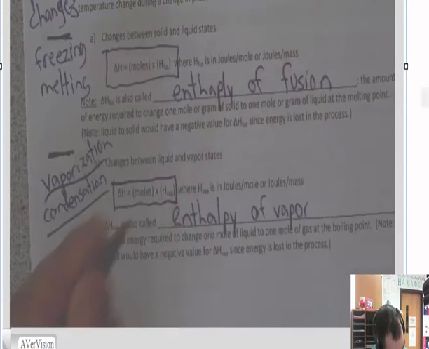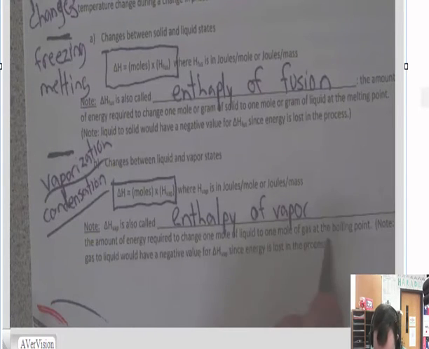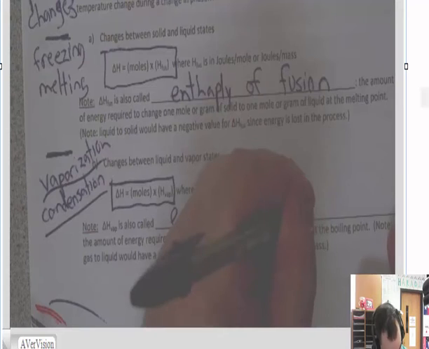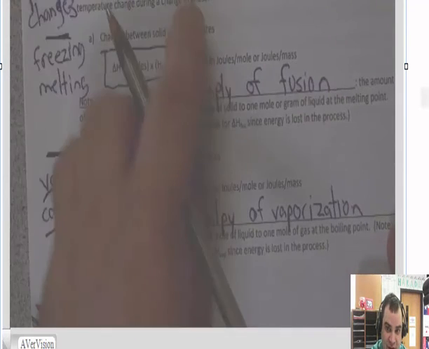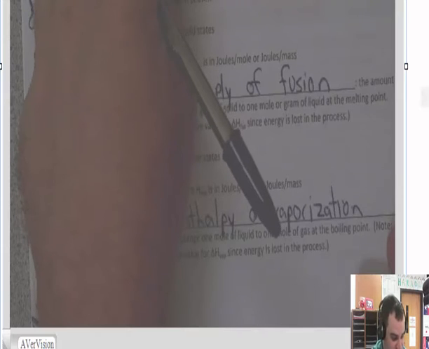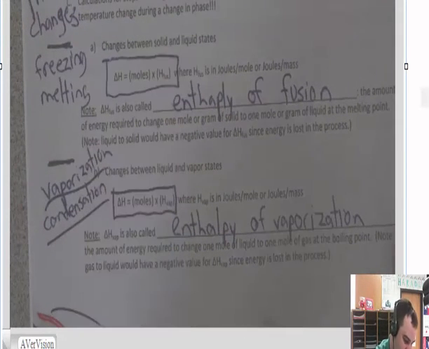This is the amount of energy required to change 1 mole of liquid to a gas at its boiling point. Good to know. But basically you have to figure out which equation you're using, then figure out if it's endo or exo, and then solve the problem. Let's look to see what this means. Let's go to page 7.